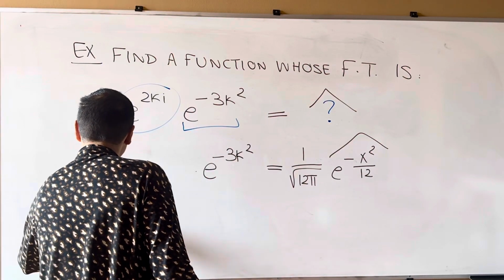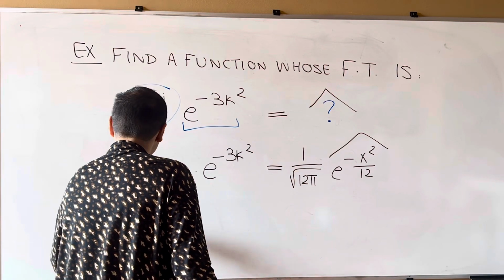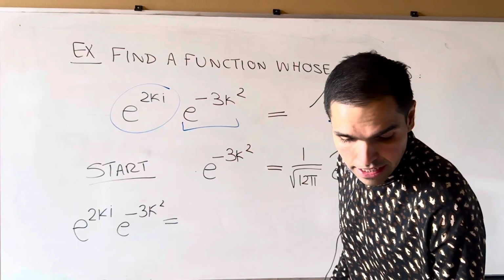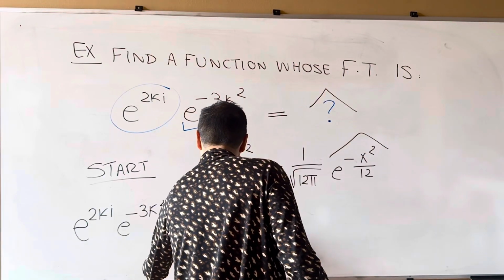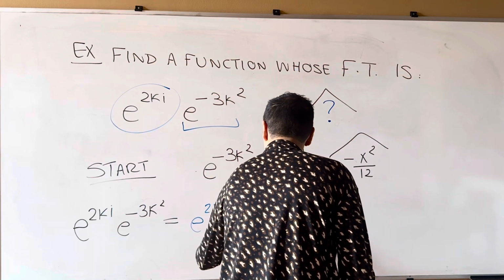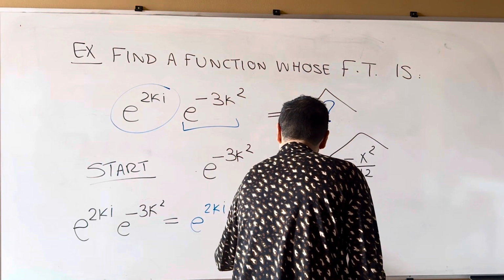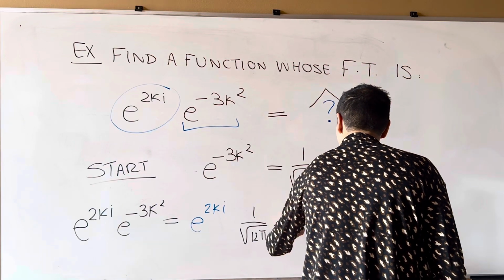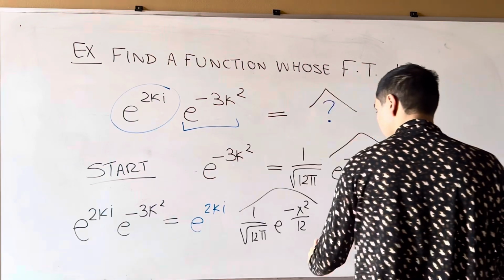So e to the 2 kappa i times e to the minus 3 kappa squared is e to the 2 kappa i, and then 1 over square root of 12 pi, and e to the minus x squared over 12, hat.